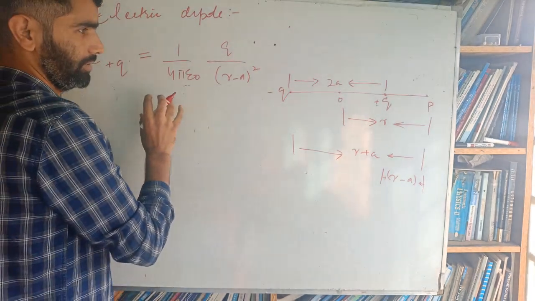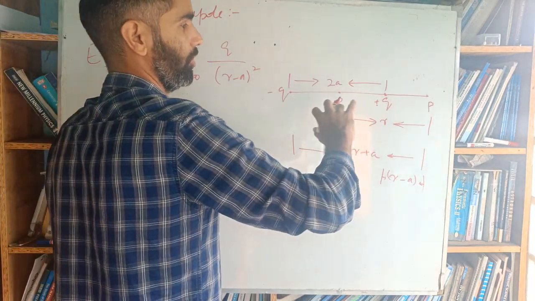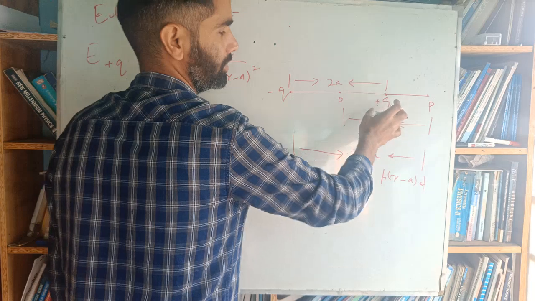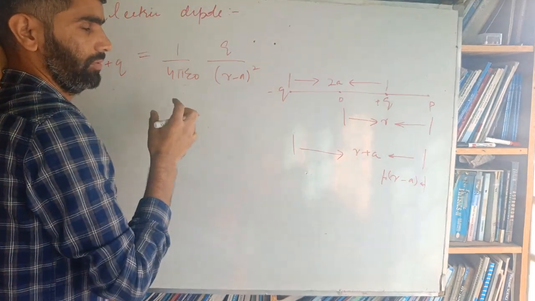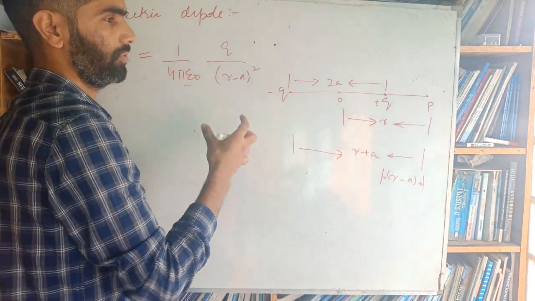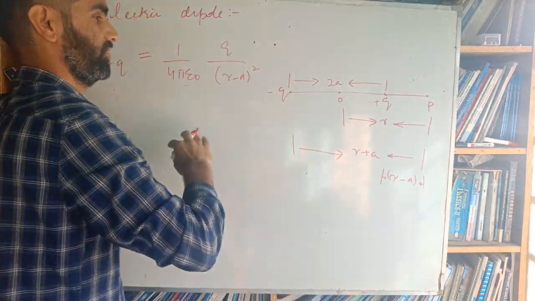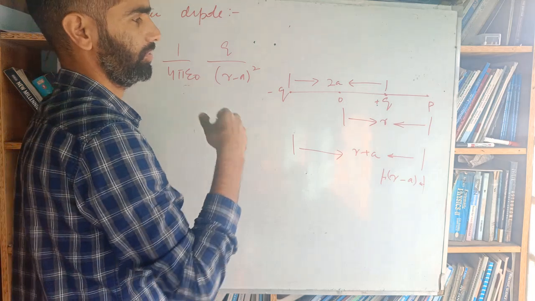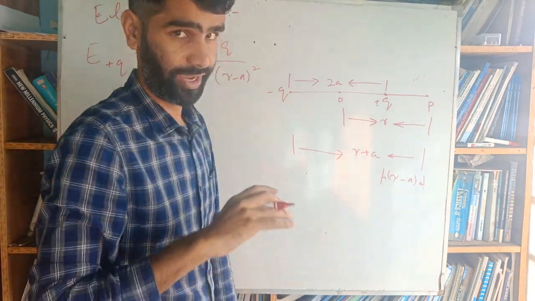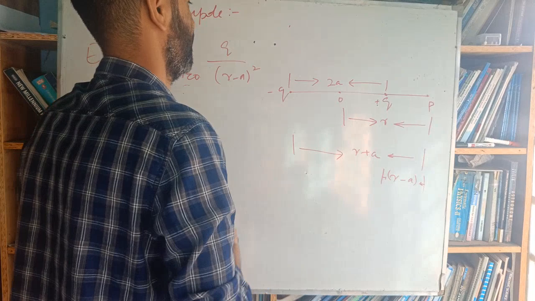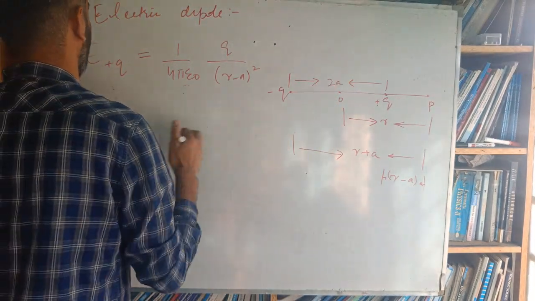Its direction will be away from the point P because it is a positive charge. The Coulomb force at point P will be a repulsive force away from point P, so the electric field intensity will also have the same direction, away from point P.